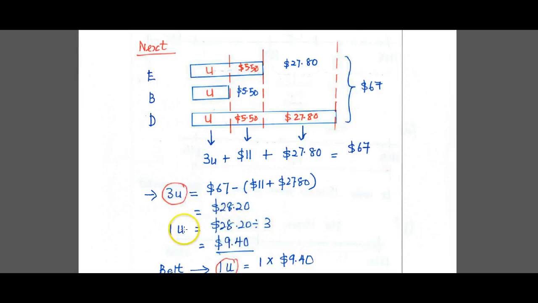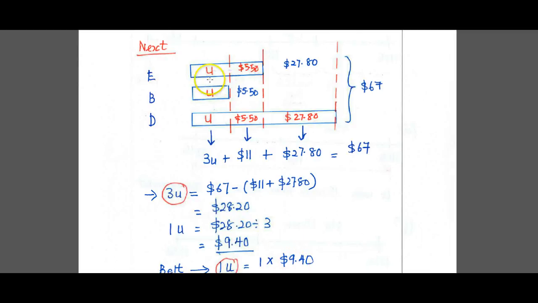Find 1U. 1U is 28.20 divided by 3, which is $9.40. So look here. 1U is $9.40. This is 1U, 1U, 1U. $9.40, $9.40, $9.40. The cost of the belt is 1U, which is 1 times 9.40. So your answer is $9.40.